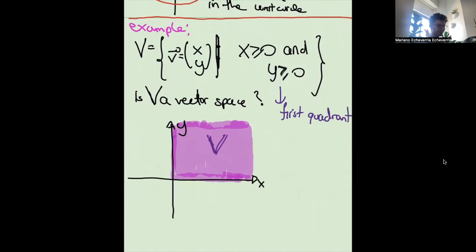So what do you think? Would that be a vector space? Yes or no?